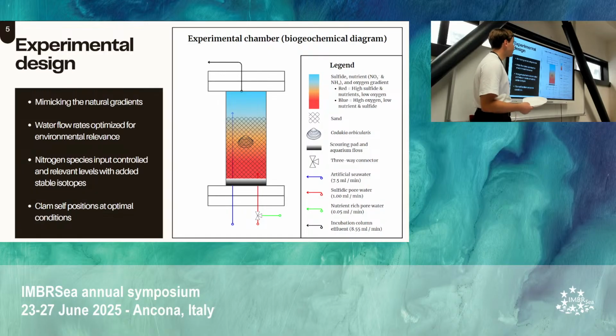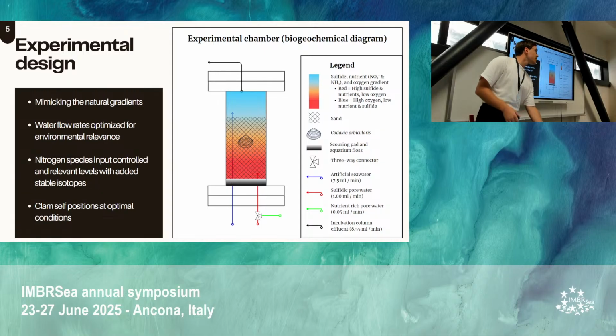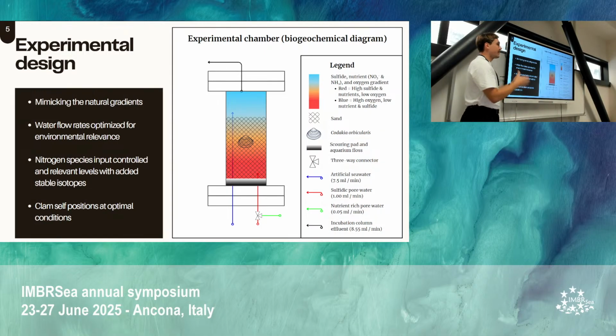That's a great question, and we have some more experiments coming where we're going to try and set up the system just like this without a clam. And then if you can flash freeze them, you could cut them in sections, and that way you could actually quantify exactly what conditions are throughout them. But just the fact that we know that down here you have high sulfide and no oxygen, more or less, and up here we have high oxygen, especially when the clams are metabolically inactive, means that somewhere in the middle there has to be a gradient.